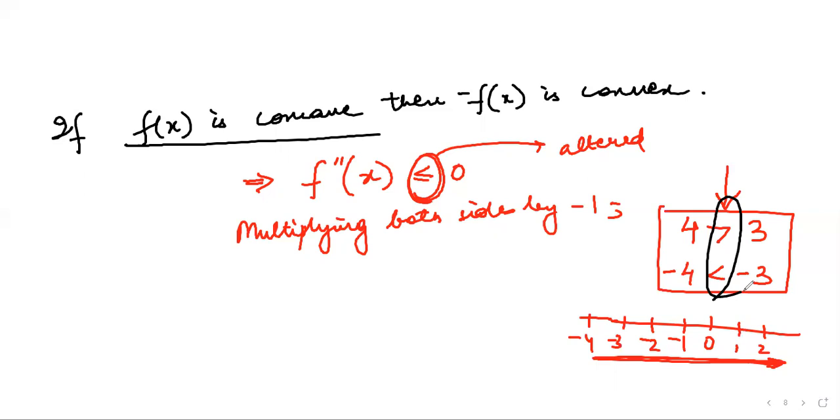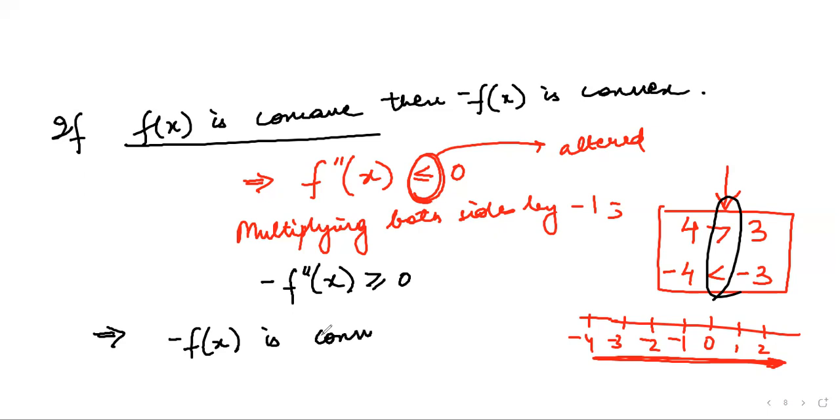So I'm going to do exactly the same thing here. f double dash x is less than equal to 0. I multiply by -1 on both sides and I get minus f double dash x greater than equal to 0. But if minus f double dash x is greater than equal to 0, this automatically implies that minus f of x is convex.